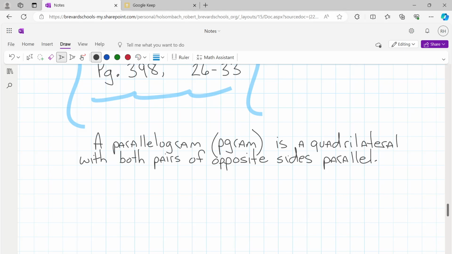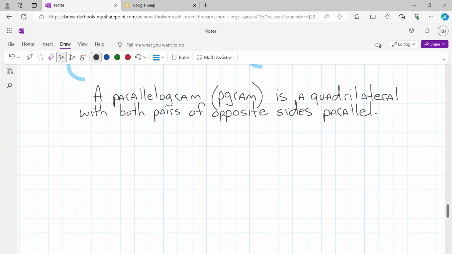And parallelograms have some special properties, and we're going to get those in your notes now. A parallelogram is a quadrilateral with both pairs of opposite sides parallel.